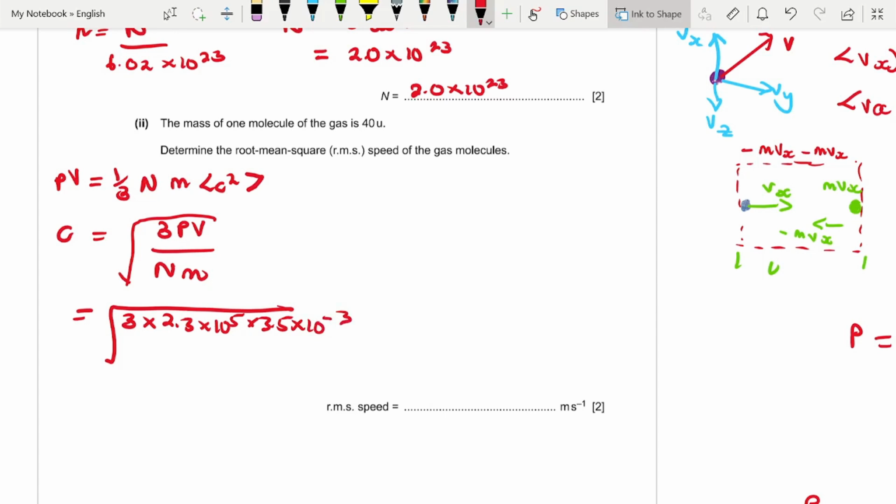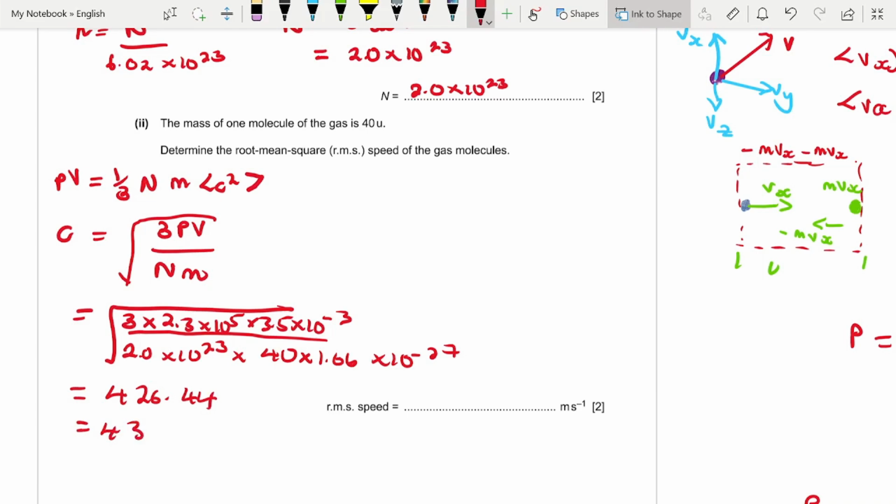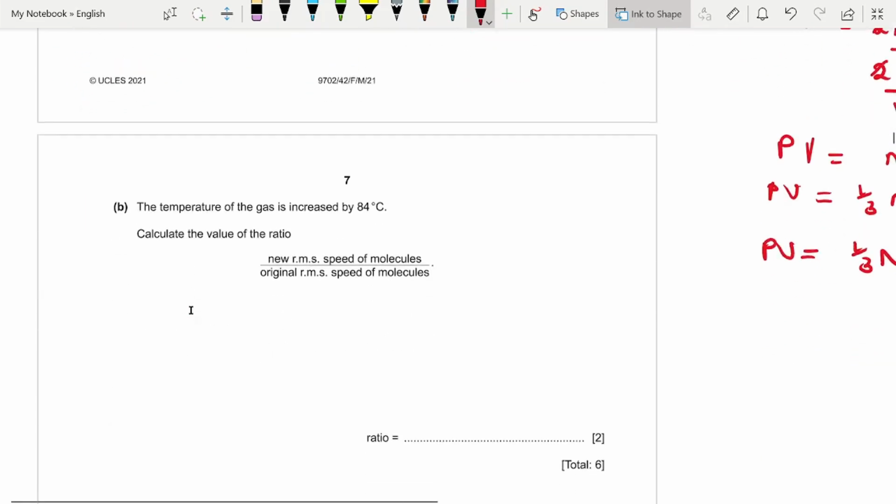That's the pressure and the volume. All of that divided by, okay, our N is 2.0 times 10 to the power of 23. Our mass is 40, right? You have 40 u. Remember the atomic mass unit, 1.66 times 10 to the power of -27. In total, that's going to give you 426.44. You round that off, you get 430. 430, right? Very important for you to be thinking of that.